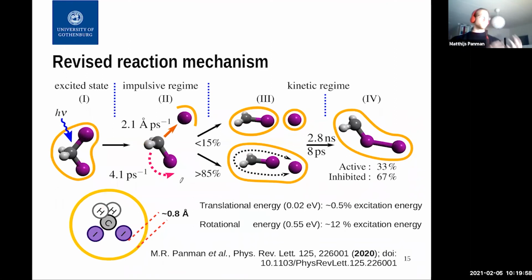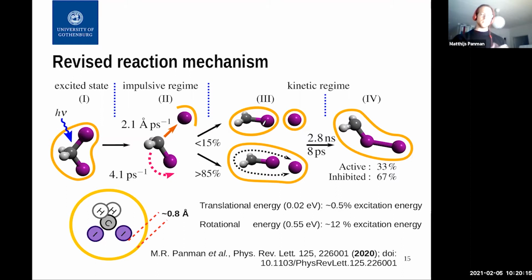So just to summarize this part of the talk, the structural sensitivity of the time-resolved experiment has enabled us to add to and revise the reaction mechanism of the dissociation of diiodomethane.